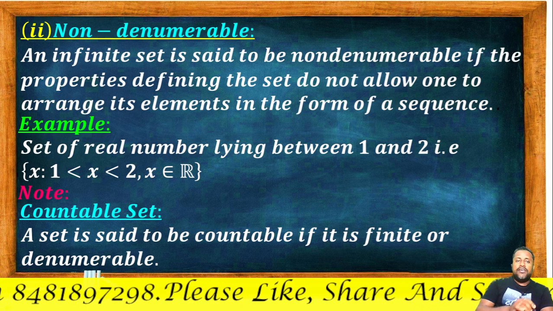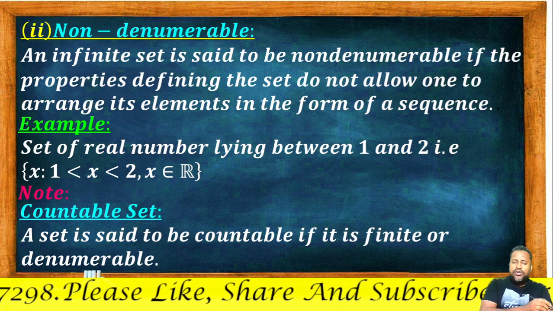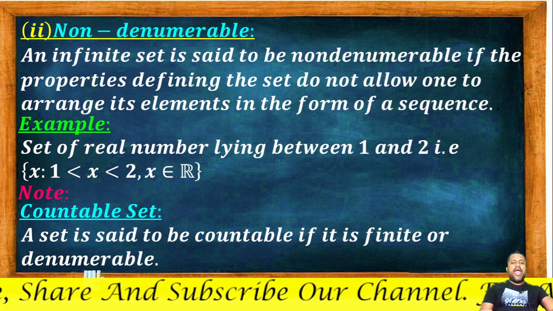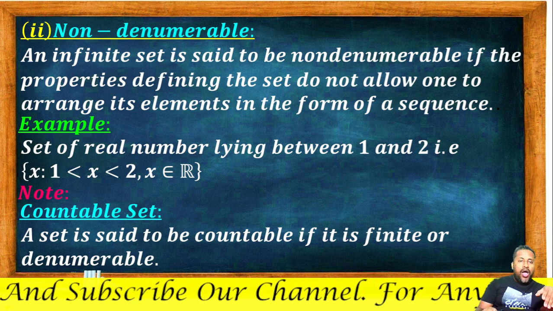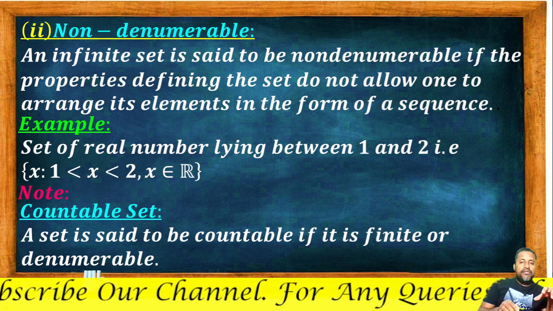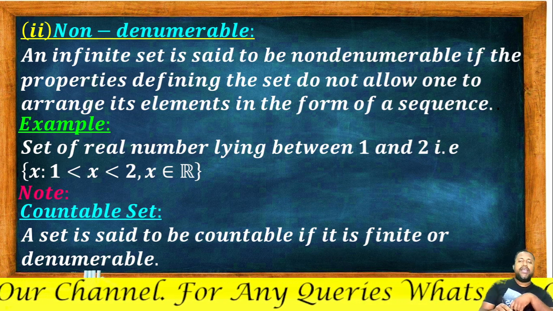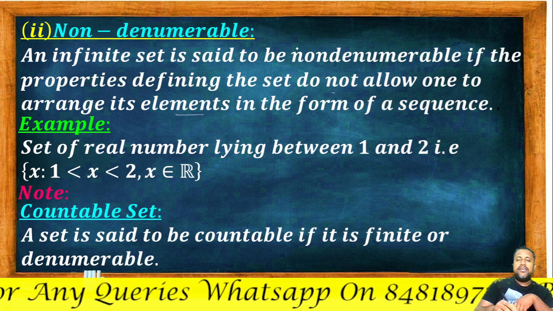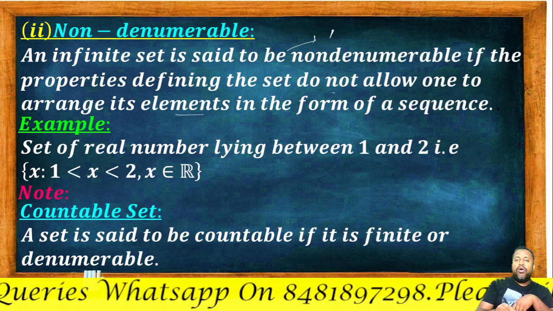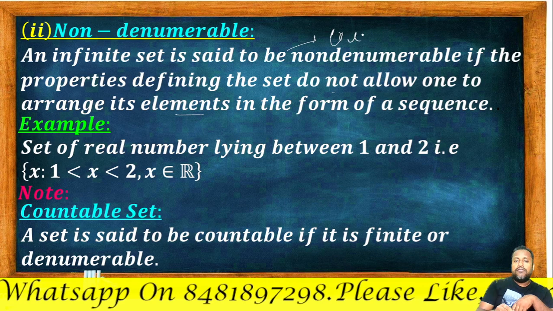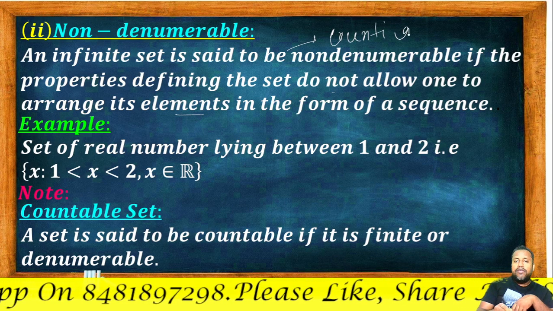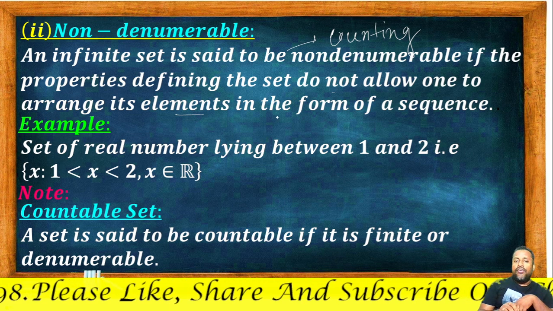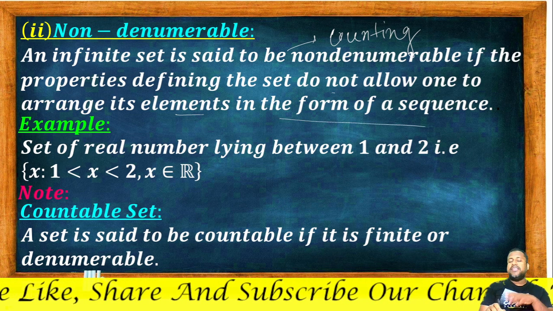The second one is the non-denumerable set. What is a non-denumerable set? A non-denumerable set is also an infinite set, but here the elements of this set cannot be counted by counting, and the elements of this set cannot be arranged in the form of a sequence.